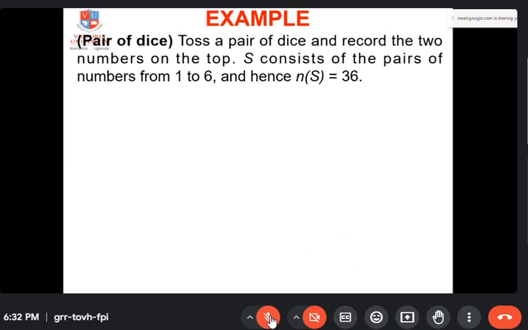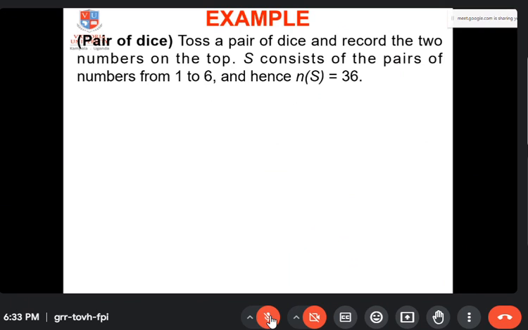We can have a 2, 1, 2, 2, 2, 3, 2, 4, 2, 5, 2, 6. You can have a 3, 1, 3, 2, and so on. So by the time you get to 6, 6, I think you have a total of 36 points.